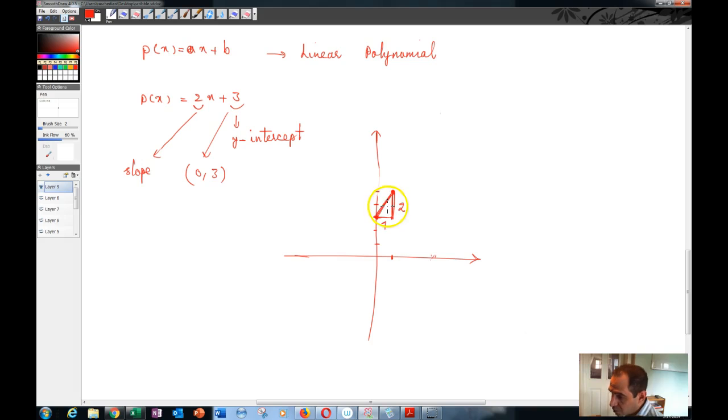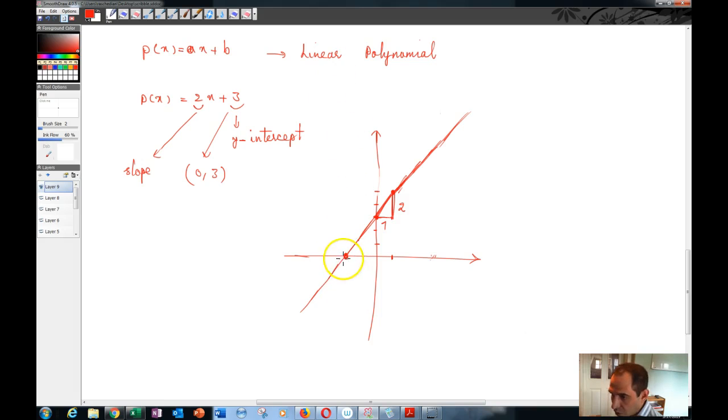And the interesting thing is that the slope of the hypotenuse of the triangle is actually the slope of the line. So over here, that's going to be your line. I wanted to show you that a linear polynomial goes through the x-axis only in one point.